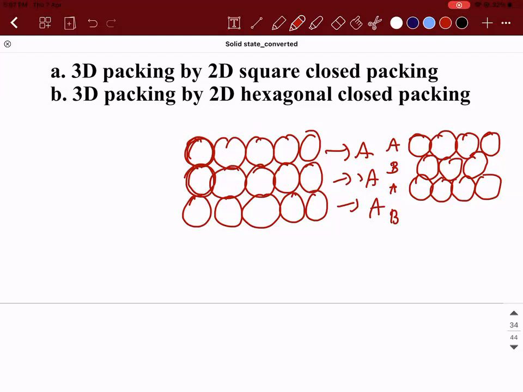So AB type, clear? So in three-dimensional form, see here, 3D packing by 2D square closed packing. What happens? It is like this. I think I have already drawn this picture in the previous class itself.